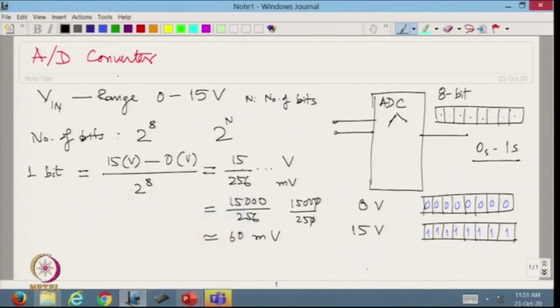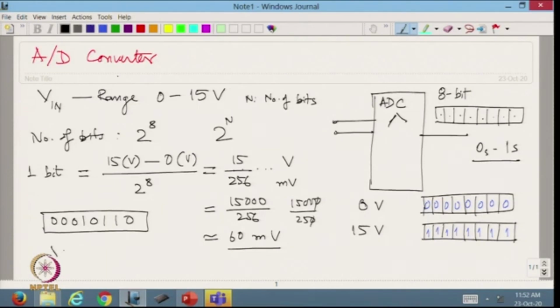So, what it tells us is that if the signal has some value, and we can say that this is 0 0 0 1 0 1 1 0, I am just taking some digital number. So, you can calculate and see how many volts it corresponds to. And if in the next instant the input signal changes by less than 60 millivolts, the number will not change.